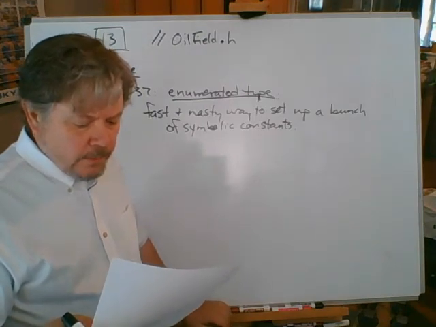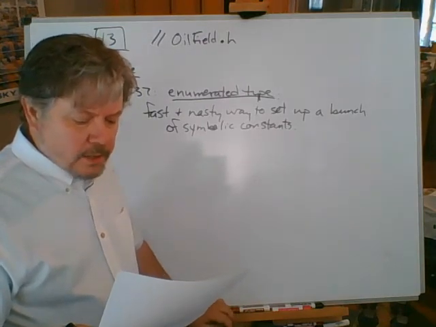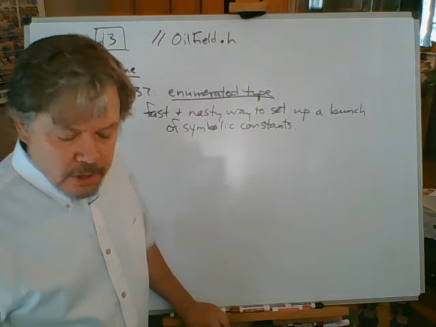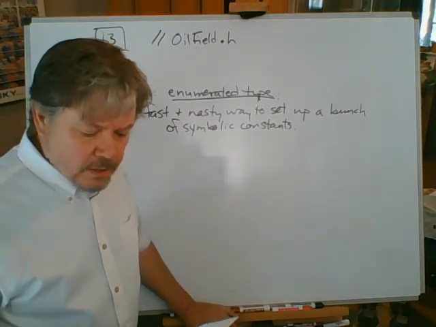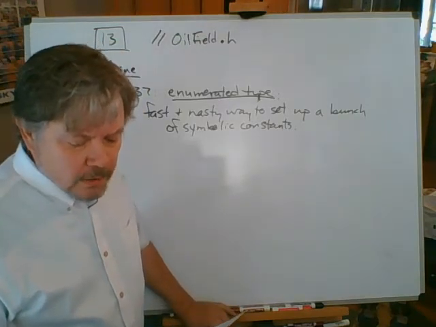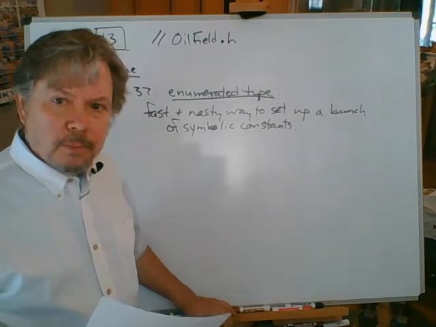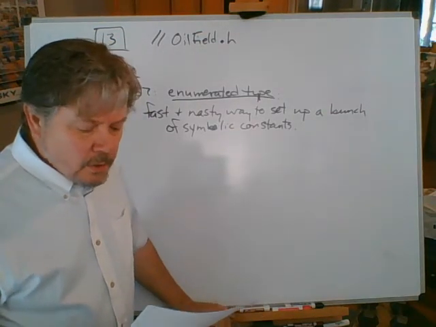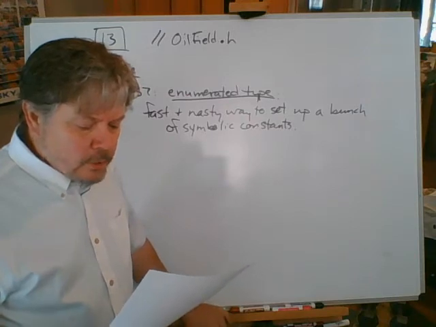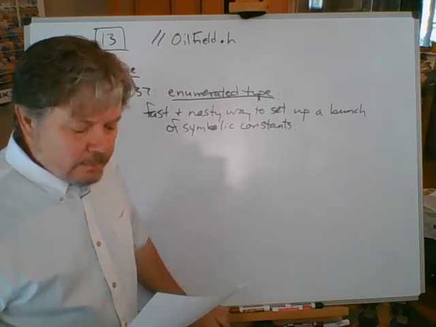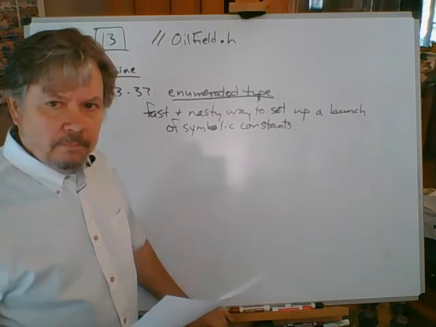For example, 100 is there twice, max width, max height. Each one of those means something different in the program. I can change one without changing the other. So that's a fast and nasty way to not have to do const int max width equals 100 in the header file and expose that constant to perhaps malicious intent by other files. So there are 4 constants here. Max width is 100, max height is 100, oil char is @, empty char is the star.